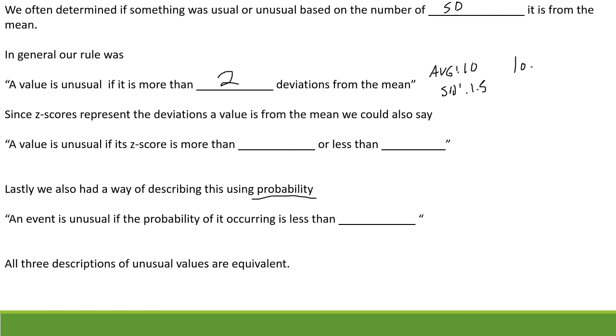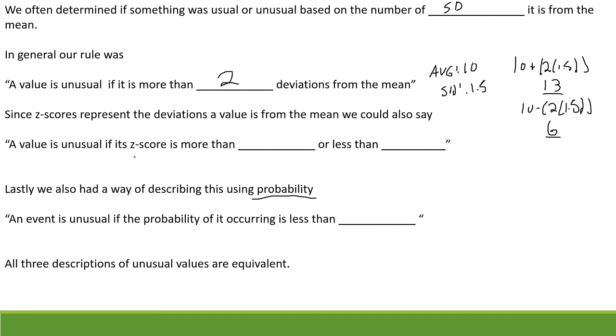That means 10 plus 2 times 1.5 would be 13, and 10 minus 2 times 1.5 would be 7. So 13 and 7 are my maximum and minimum usual values. So if I'm between 13 and 7, I am usual. If I'm bigger than 13 or less than 7, then I'm unusual because then I'm more than 2 deviations either above or below the average.